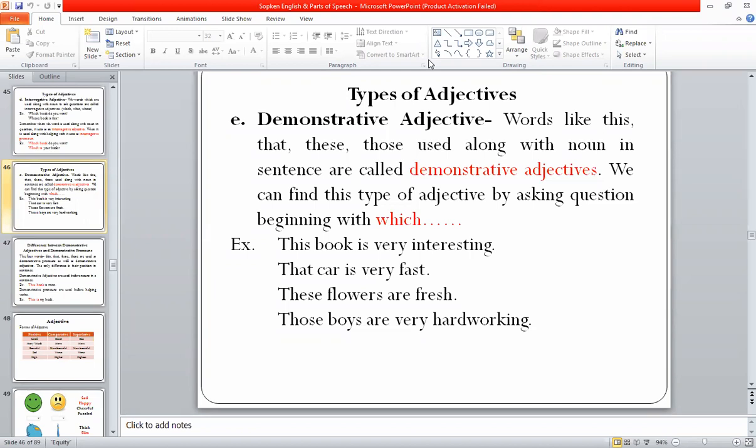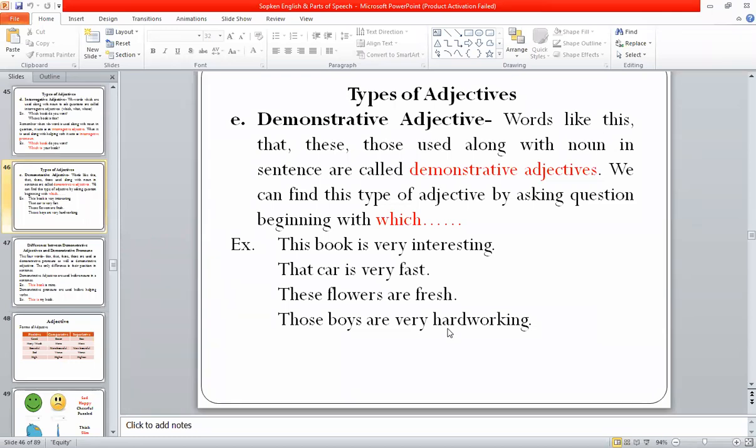Then see the next example: "These flowers are fresh." Let's ask, which flowers are fresh? It will answer these flowers are fresh. So these is called a demonstrative adjective.